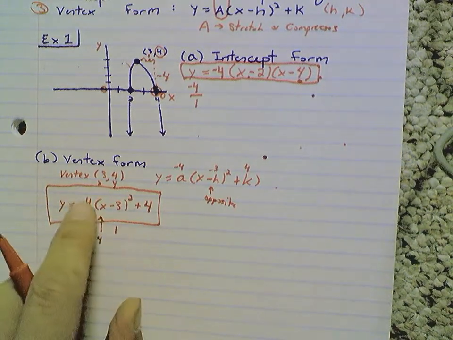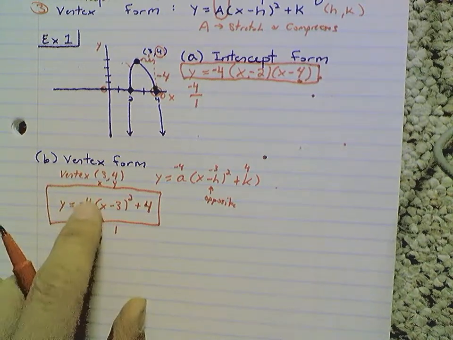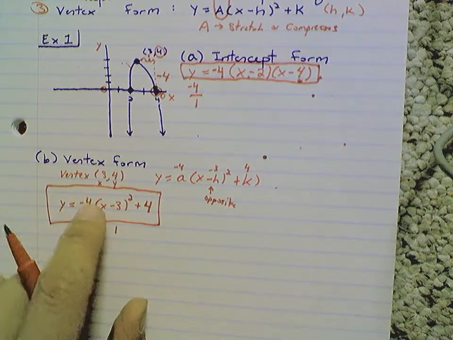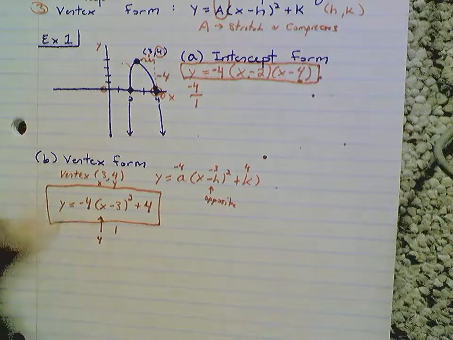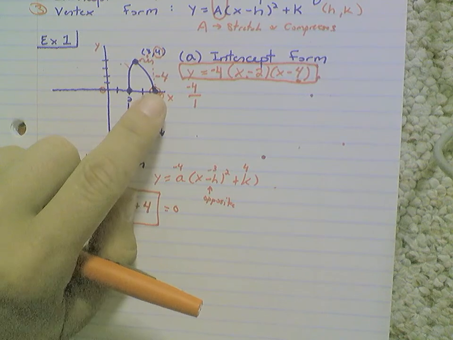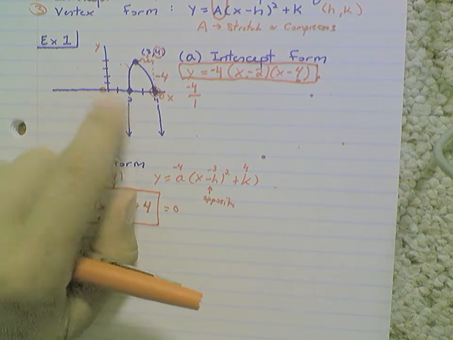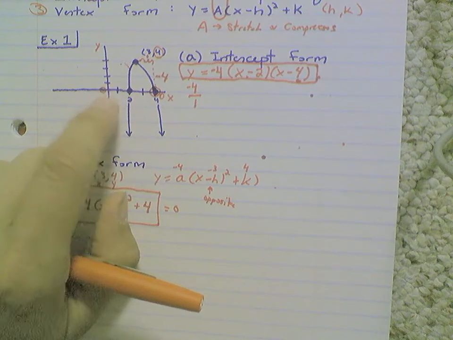Then if I take negative 4 times that 1, I'll get negative 4. And when I take negative 4 plus 4, I will indeed get 0. That's what I should get, because when I plug 4 into my function, I should be on the x-axis, and my y value should be 0.